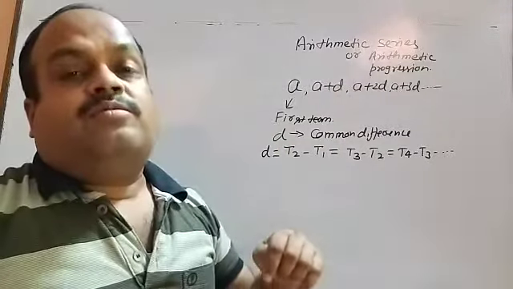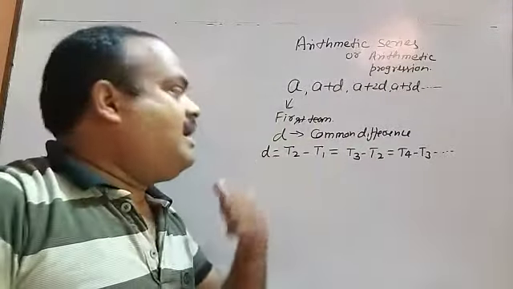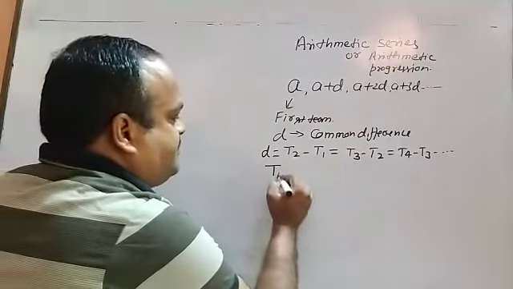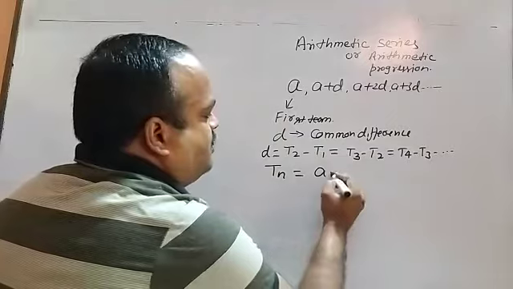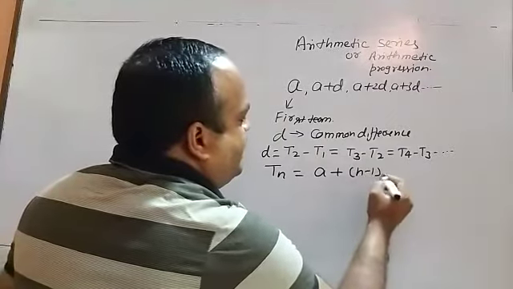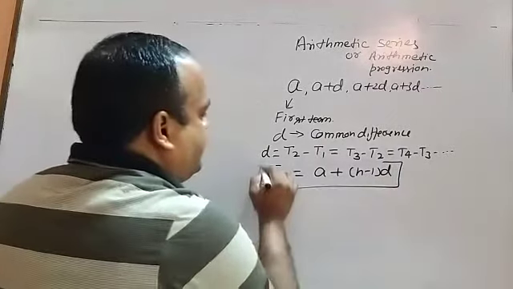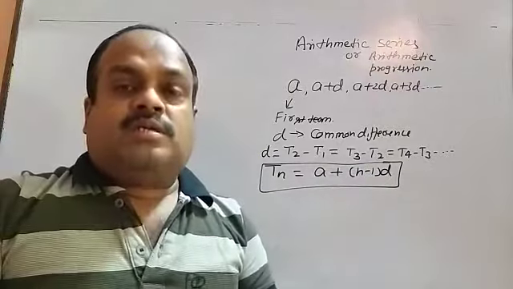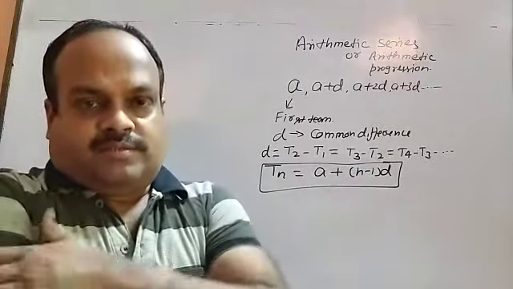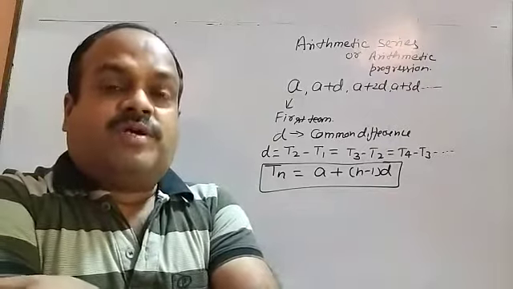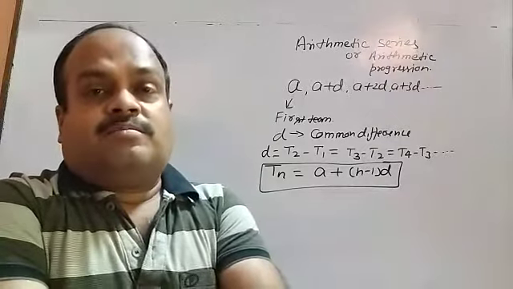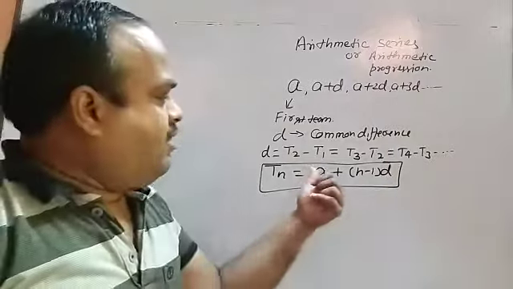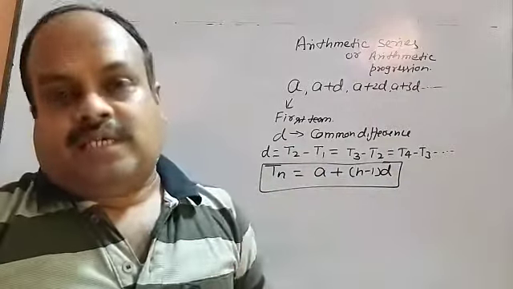For that, we will be using the formula which I am going to write. Tn is equal to a plus (n minus 1) into d, where n denotes the number of the term. Suppose we want the term at the 20th place, then the value of n will be 20.